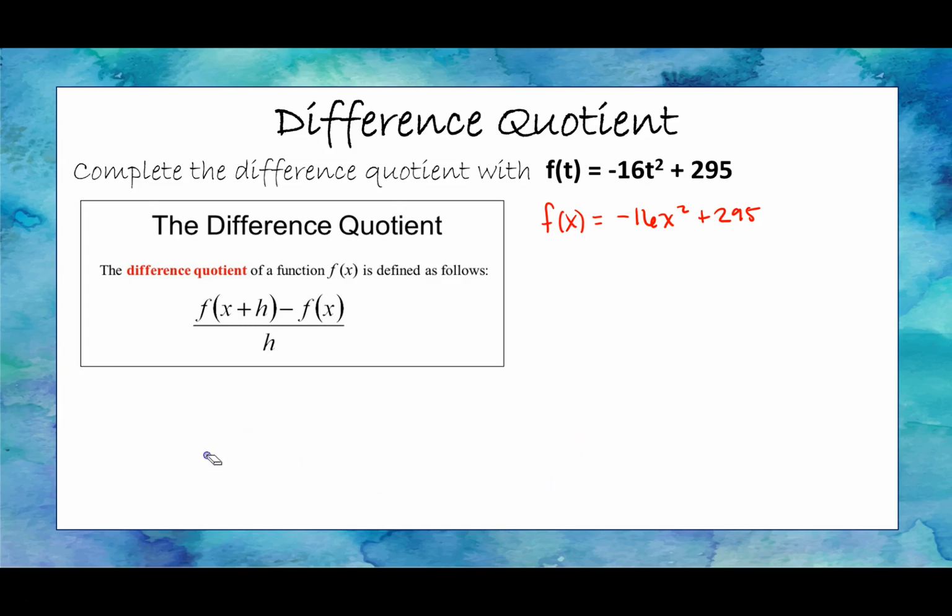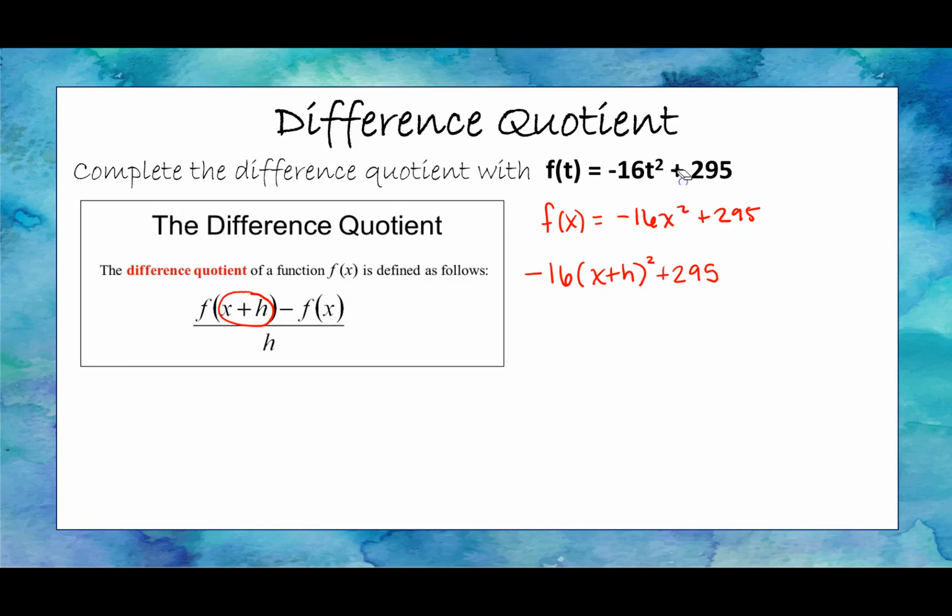Well, in this case, we don't have f of a number, but we have f of x plus h, which is basically saying everywhere you see an x right here, I want you to put in an x plus h. So this is going to be equal to negative 16 parentheses x plus h, close my parentheses, don't forget about my squared, and then don't forget about the plus 295.